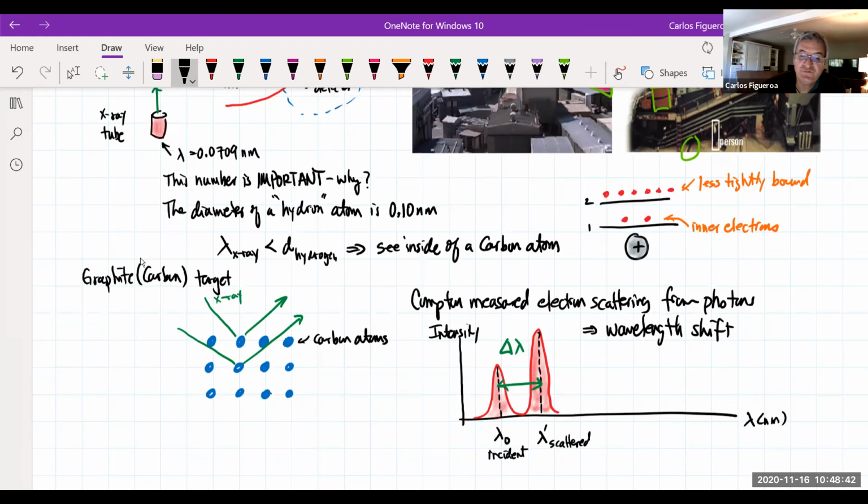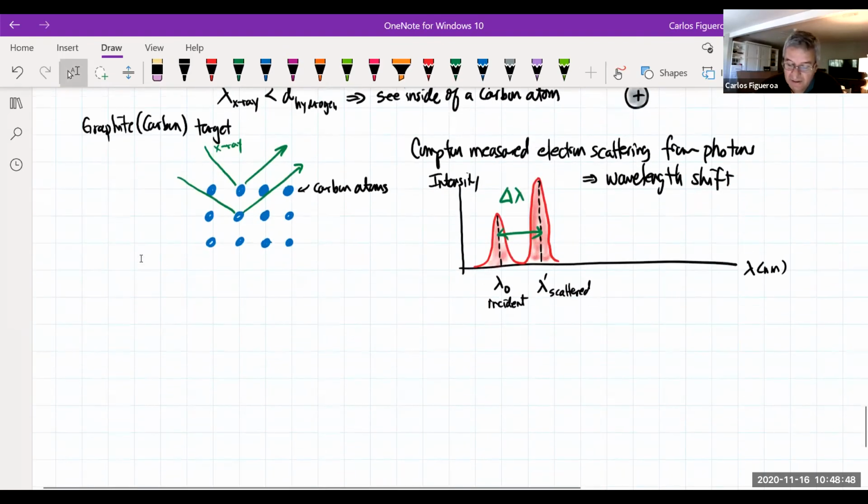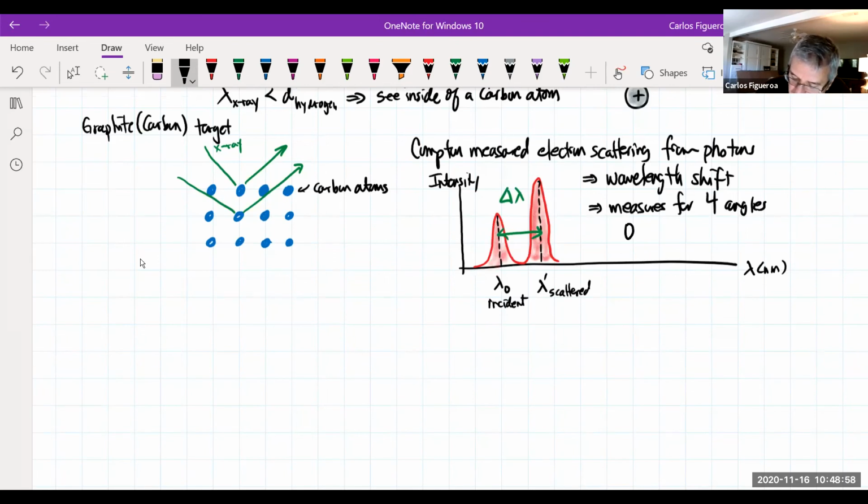He does this for 4 angles. He only has 4 angles. So the wavelength shift, he measures for 4 angles, and these angles are very well known here.